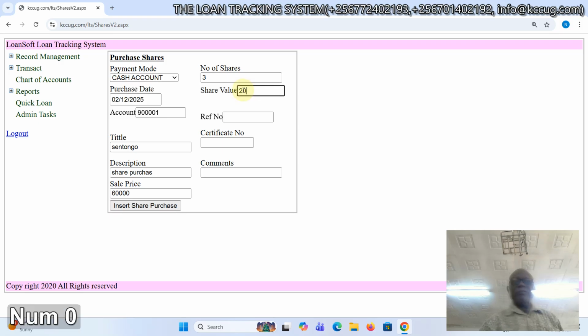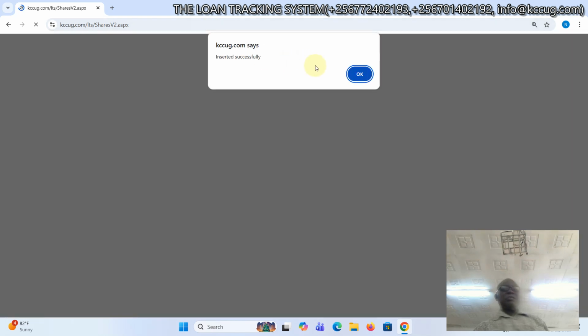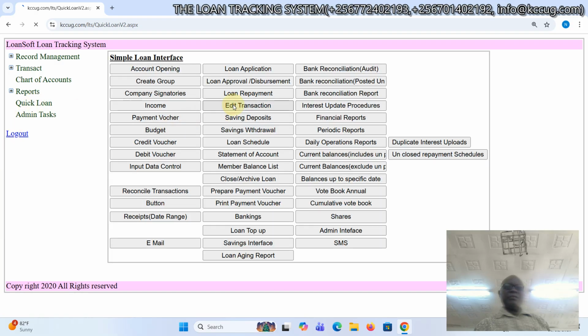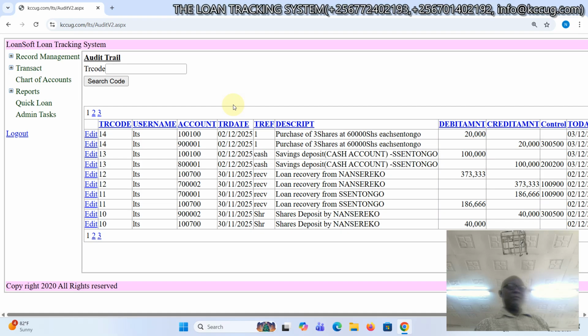The value is 60,000. If we have a reference number, you put the certificate number, and then click insert share. So if you click again in the audit trail transaction here, you will find purchase of 3 shares at 60,000 shillings. Okay, Sentongo.